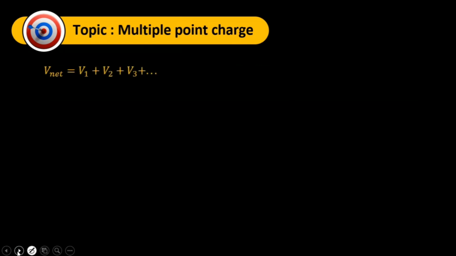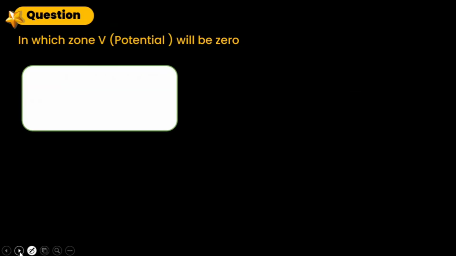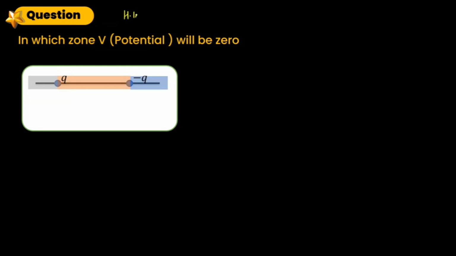For multiple point charges, we'll use this relation as I already told you. For multiple point charges, the net potential is going to be the sum of all the potentials due to each of the charges. So the question is, in which zone will the potential be zero? In order to have zero potential for the two-charge system, you have to think about it. This is your homework. You have to think about it and tell me which zone has zero potential.